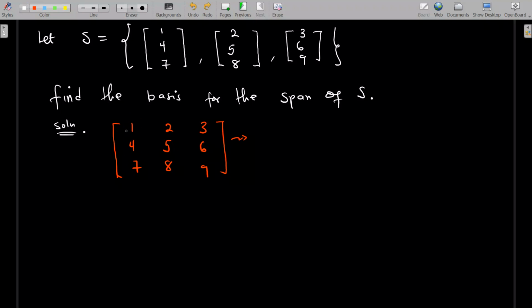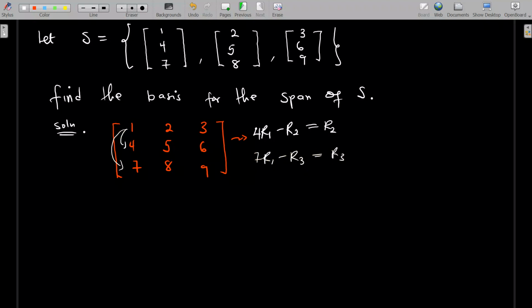Between row 1 and row 2, I'm going to do 4 times row 1 minus row 2, and that should give me my new row 2. And I'm going to have 7 times row 1 minus row 3, and that's going to give me my new row 3.